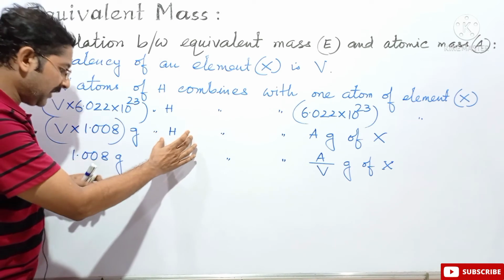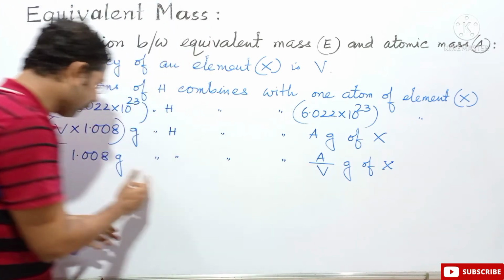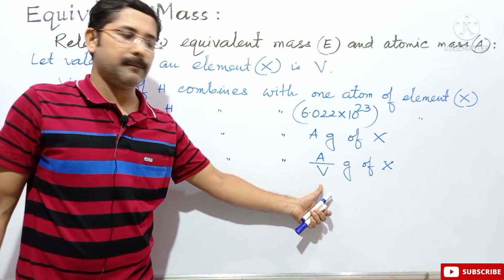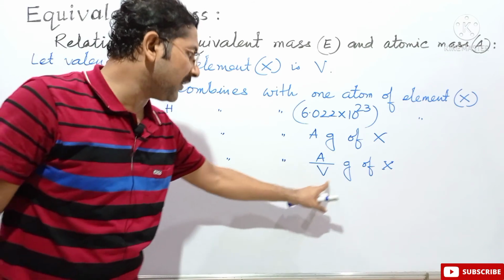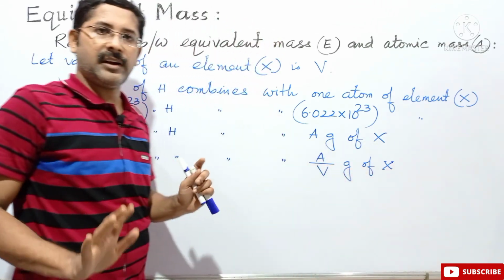With respect to hydrogen scale, the mass of the element that combines with 1.008 part of hydrogen is the equivalent mass. So this A by V is actually the equivalent mass of the element X, right?